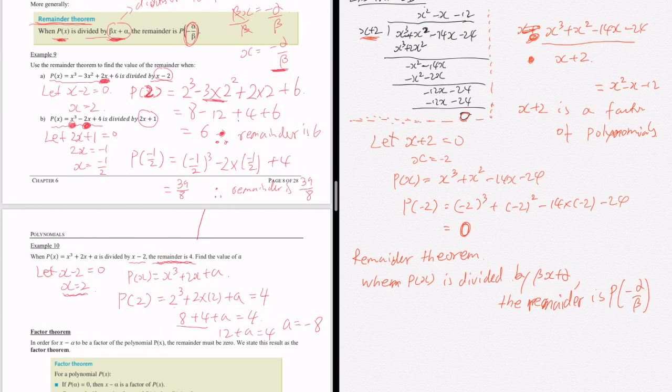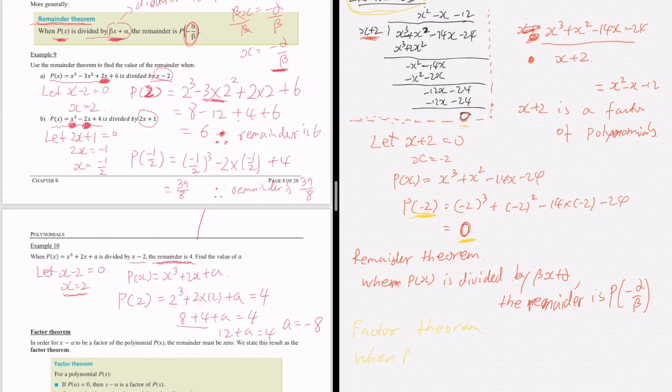But for the case over here, we just did example 5 that I showed you, and we do the same thing, and we substitute x equal to negative 2 back into our dividend, and you actually get 0. Now, the factor theorem.